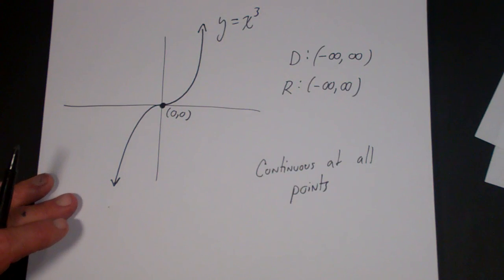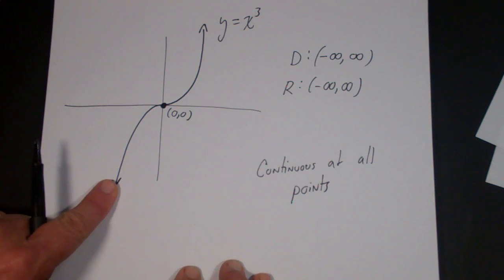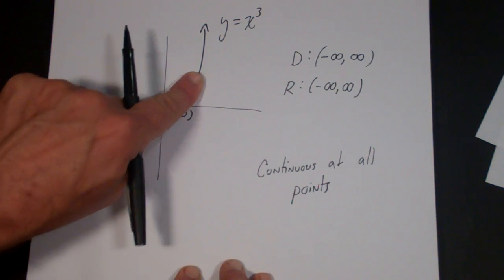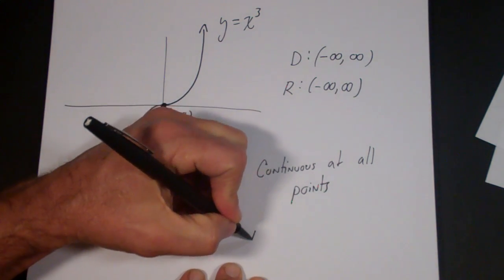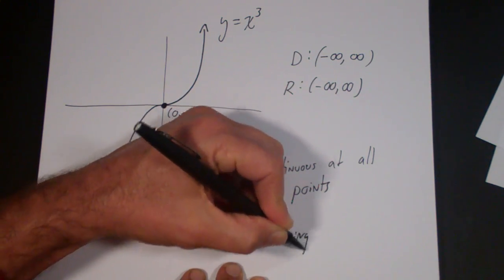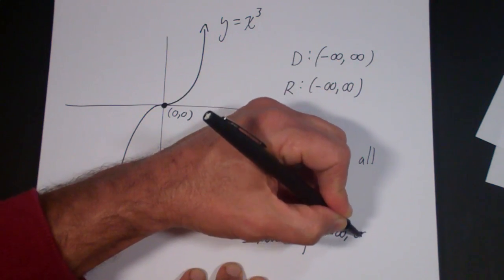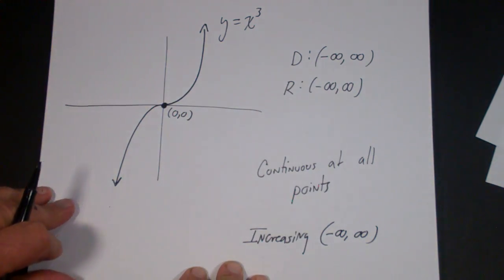The next attribute we're going to look at is where it is increasing or decreasing. If you notice, y is always increasing. So it's increasing always. Or you can say it's increasing over the interval negative infinity to infinity, which is another way to say everything.